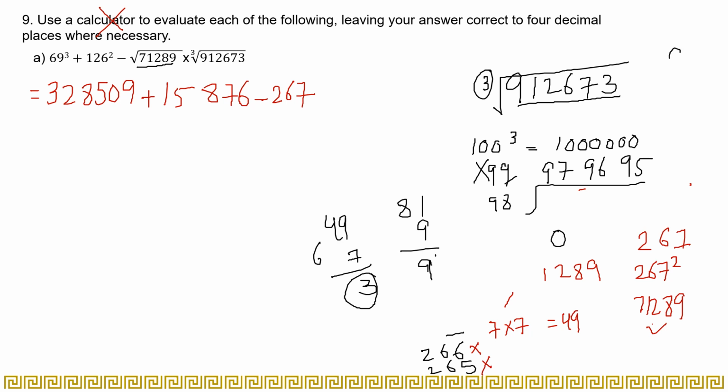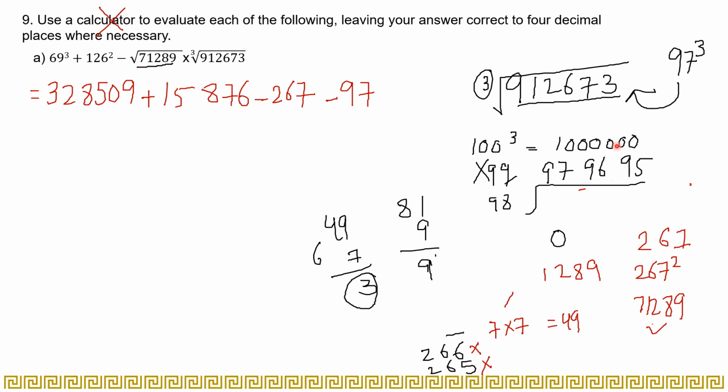And when you multiply 97 three times, you will actually get this number, 912673. That means 97 is the cube root of 912673, and you will consider this number here, that is 97.